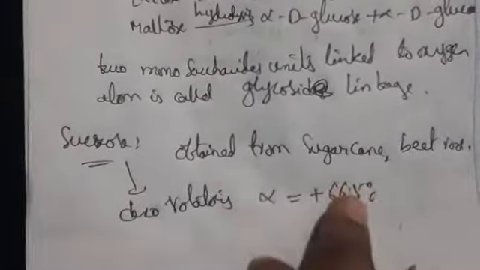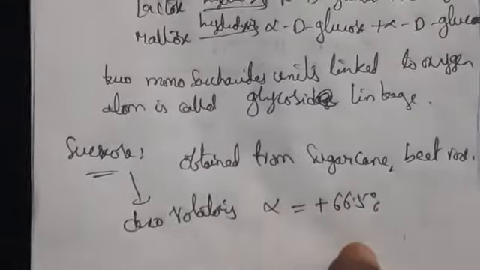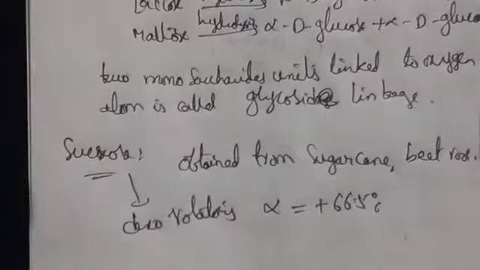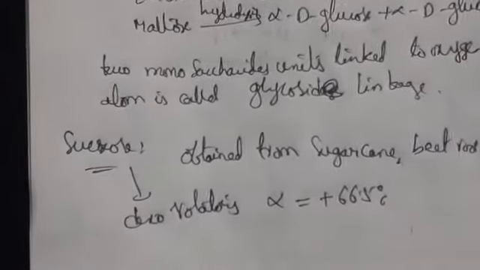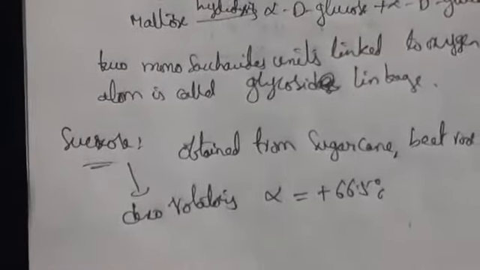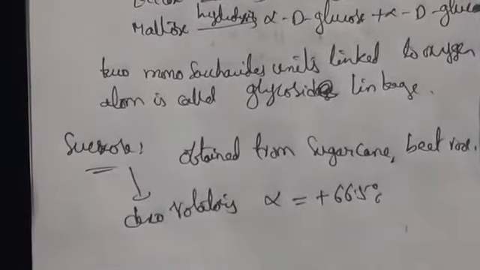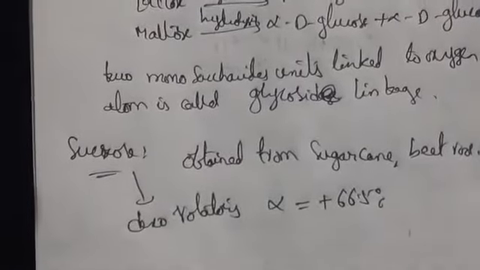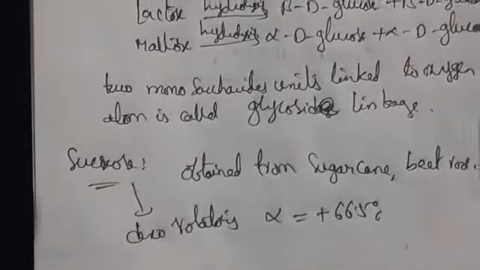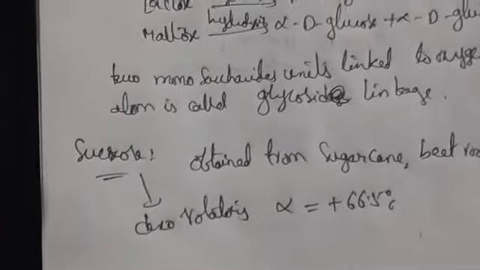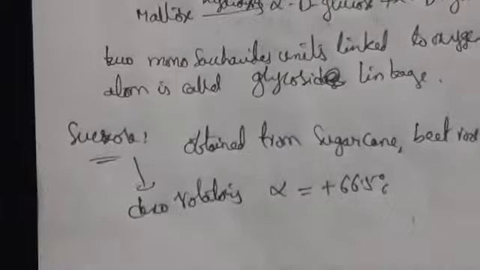When you do hydrolysis, it gives D-plus glucose, which has plus 52.5 degrees, and D-minus fructose, which has minus 92.4 degrees. So there is a change in optical rotation from dextro to levo. This change is known as inversion, and the mixture is called invert sugar. The aqueous solution is levorotatory.